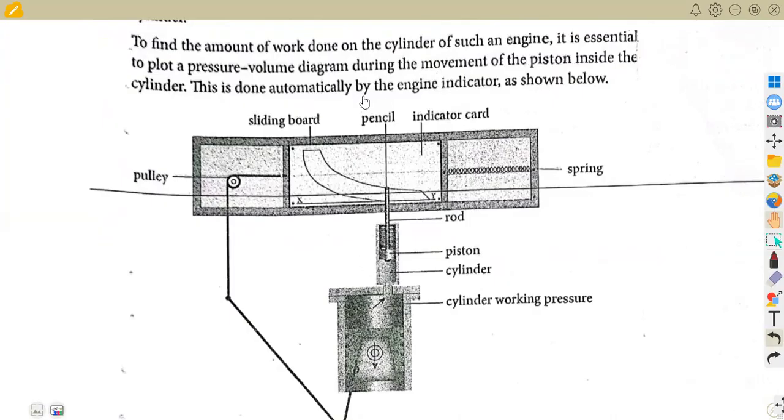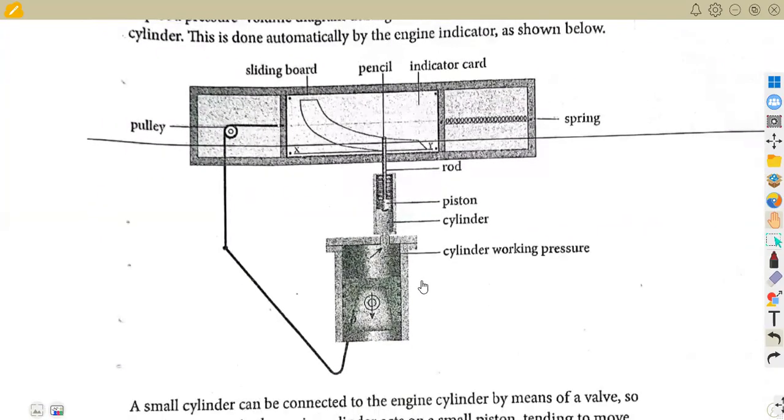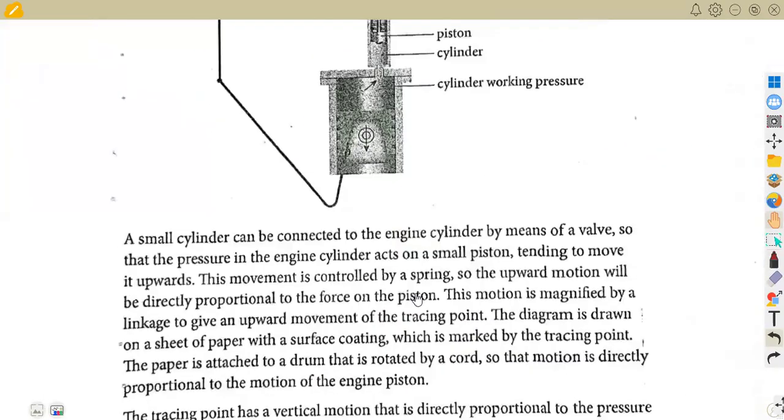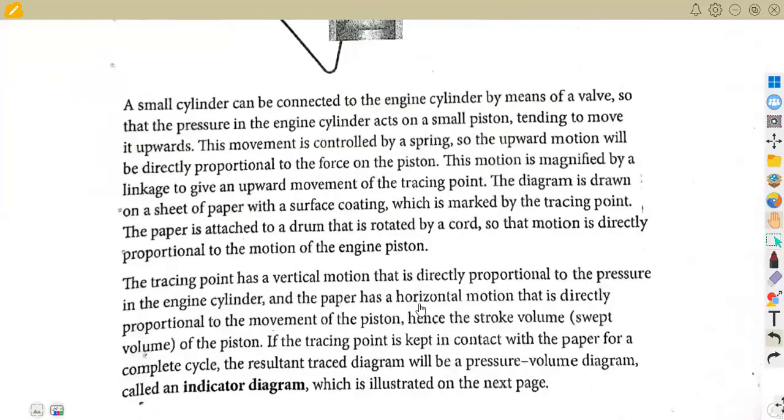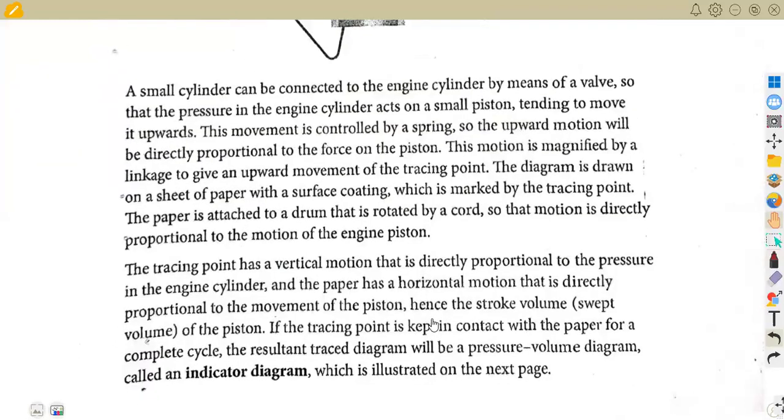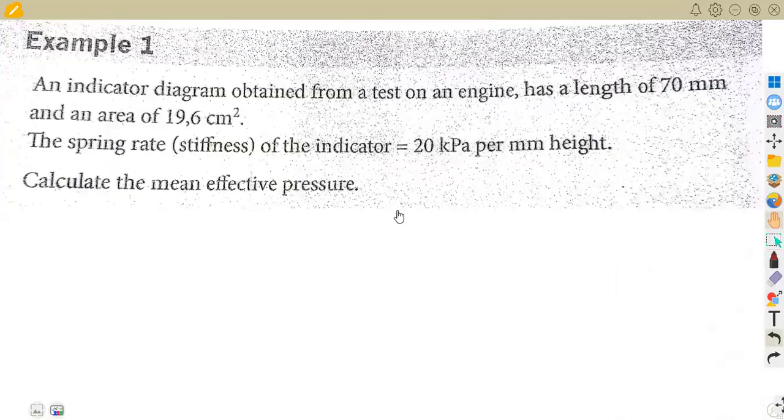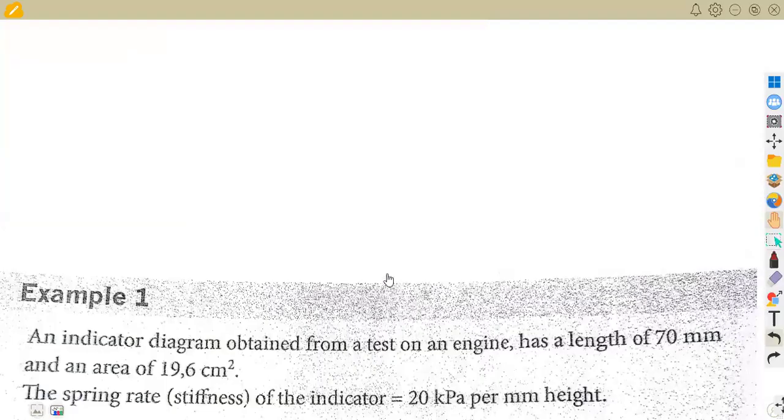I want you to go through and understand this indicator. What is important is that it can be summarized in the form of a simple diagram.